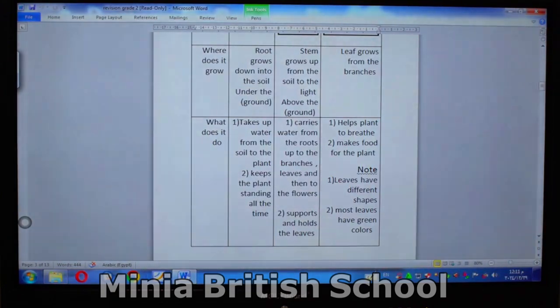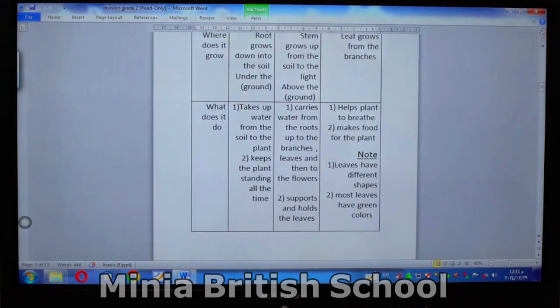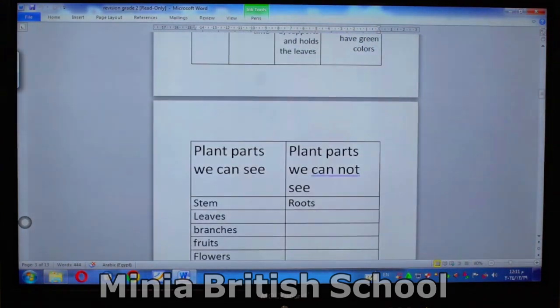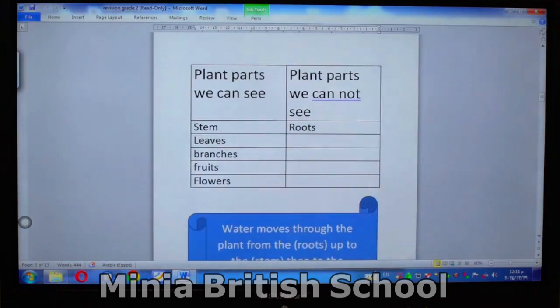Most leaves have green colors. So, plant parts we can see are stem, leaves, branches, fruits, and flowers. Okay. Plant parts we can't see are roots.